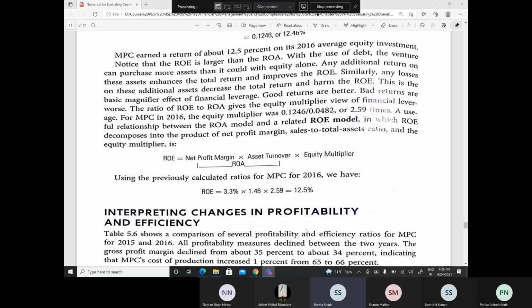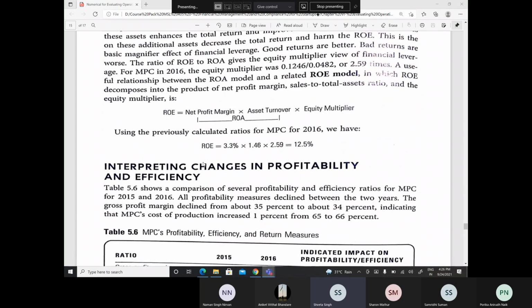A useful relationship between the ROA model and the related ROE model, in which ROE decomposes into the product of net profit margin, sales to total assets ratio, which together is the ROA, and the equity multiplier, is given here. Now this ROE ratio is also commonly called the DuPont three-point ratio. Okay, and it's known as such across the world.